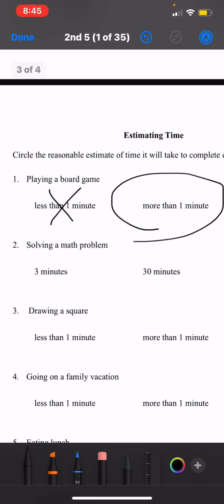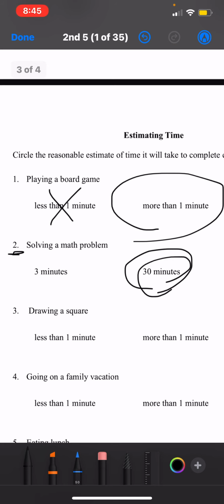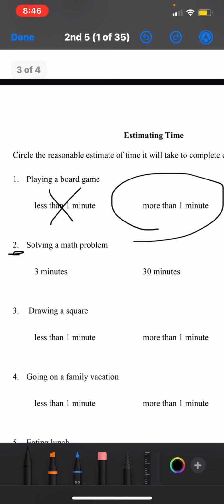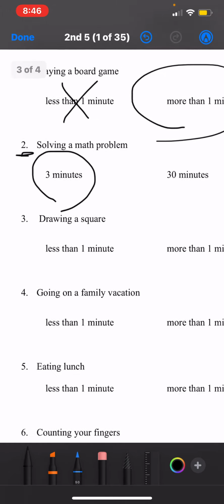But a student might be understanding the lessons really quickly, and so they might be finishing in 3 minutes. But obviously, we wouldn't really take half an hour, 30 minutes to finish a math problem. We would take 3 minutes. So 3 minutes would be more of a reasonable answer.